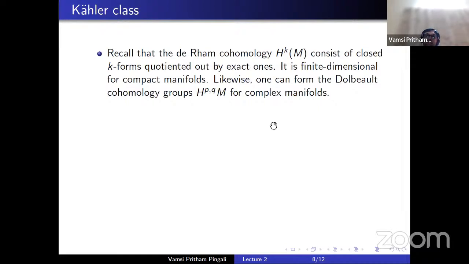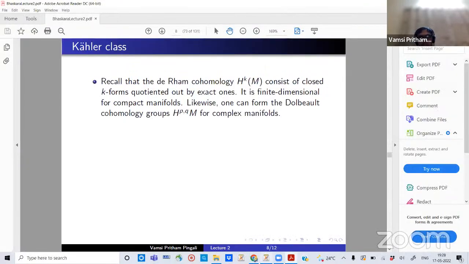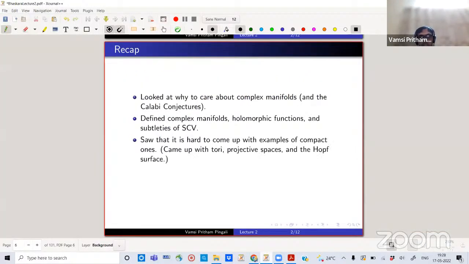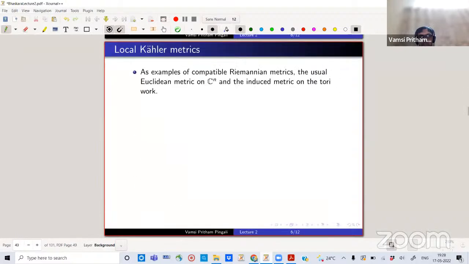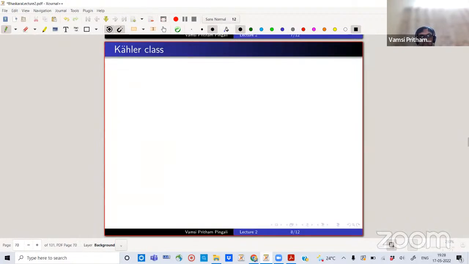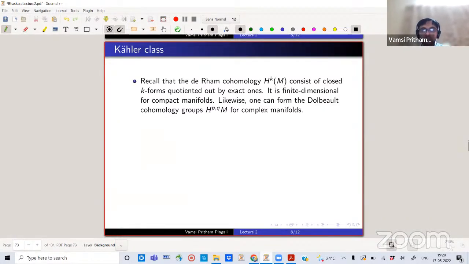Likewise, one can form the Dolbeault cohomology groups H^{p,q}(M) for complex manifolds. I think I might have done this the last time, but might as well use this annotation business at least once now that we've taken the trouble to do these things.